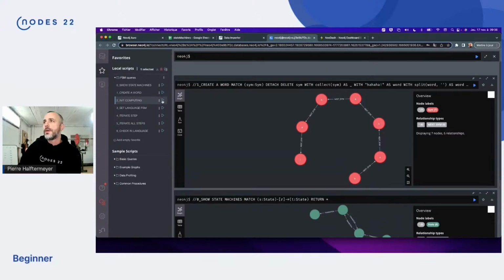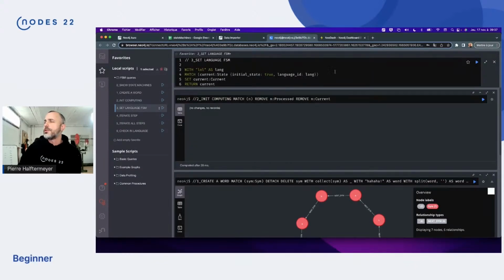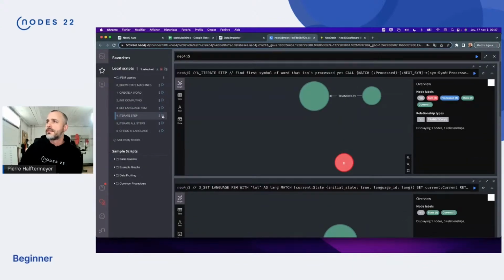I will init my computing. I need some really straightforward code, and I'll set the language to the LOL language. This is the language against which I will check my word, and I can iterate each state and each transition with code I will explain later.